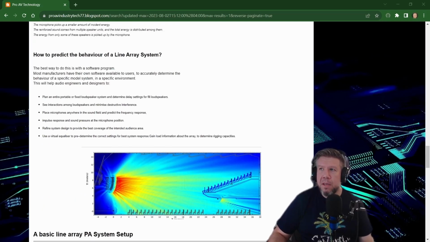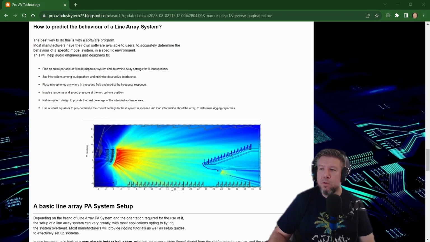Some manufacturers even provide online software where you put in the size of the venue, how your speaker cluster is, how many speakers you're using in that cluster, and so on and so forth. There's a lot of variables that you put in, which then will give you a graph on how your sound will disperse throughout that venue.